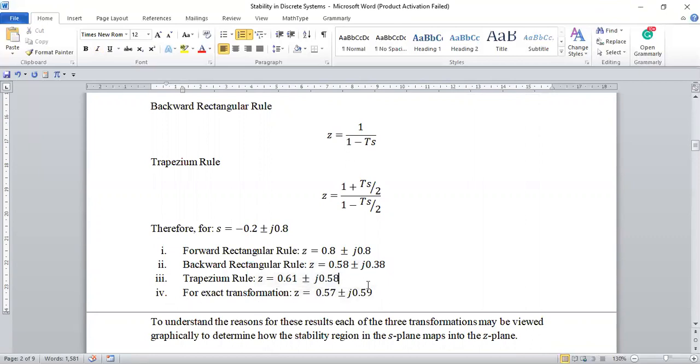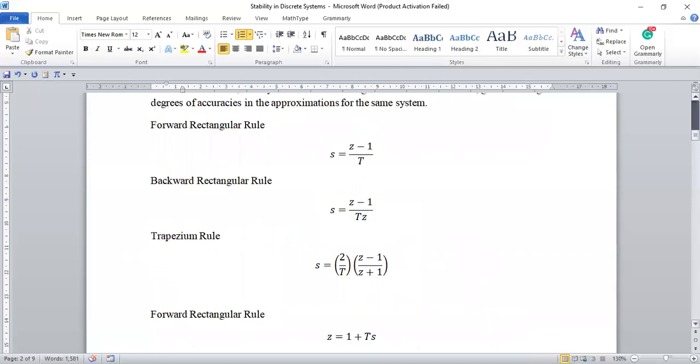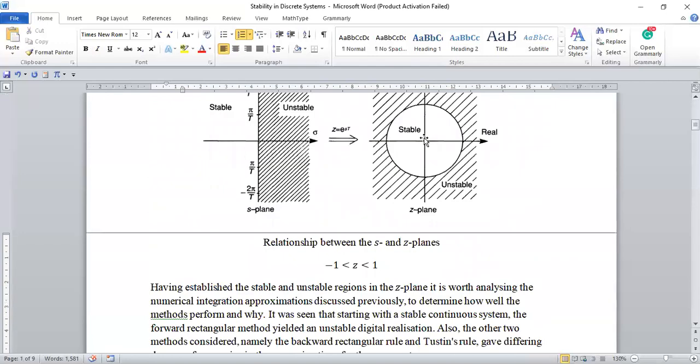Then for the exact transformation, this is also stable because the poles are at 0.5 and 0.57 plus or minus j0.59. So 0.57 will be around this place, and 0.59 will be around this place.